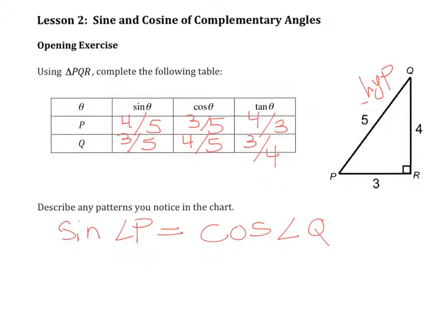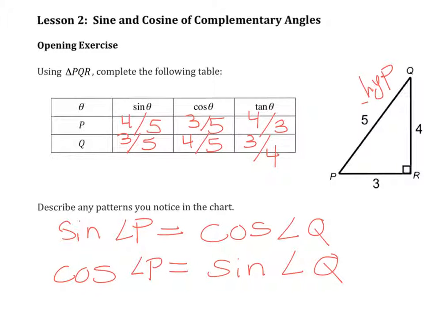That means their sum is equal to 90 degrees. And the other one, cosine of angle P, is equal to the sine of angle Q.